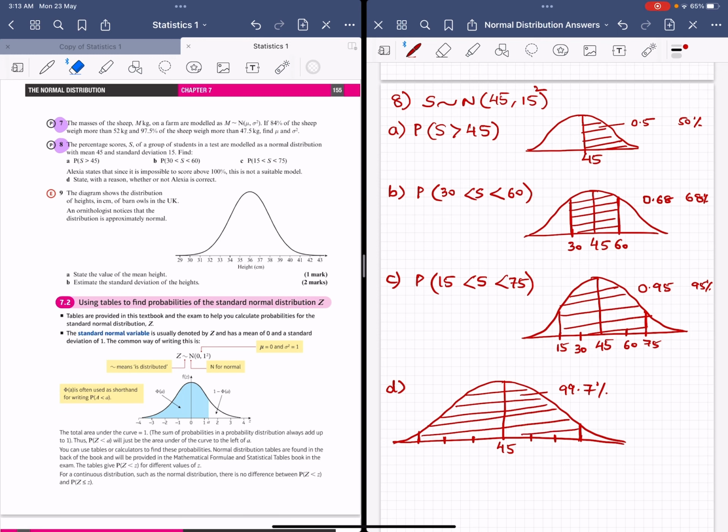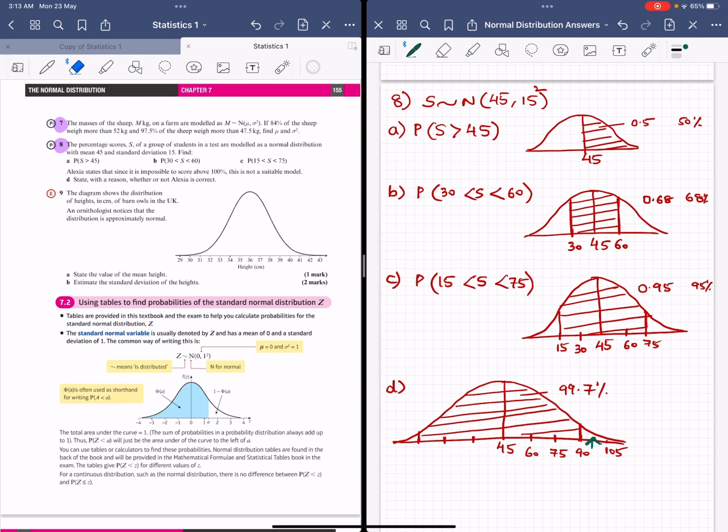So now let us see the standard deviation. So this is 60, one standard deviation, 75, 80, 90, 100, 105. Now, a score of 100 is after 90.